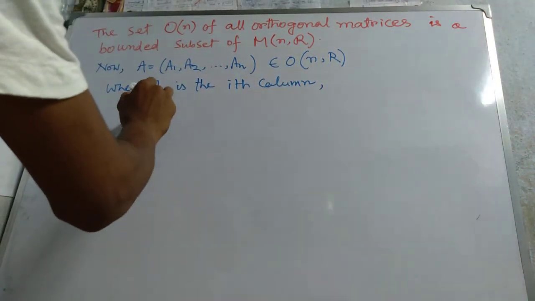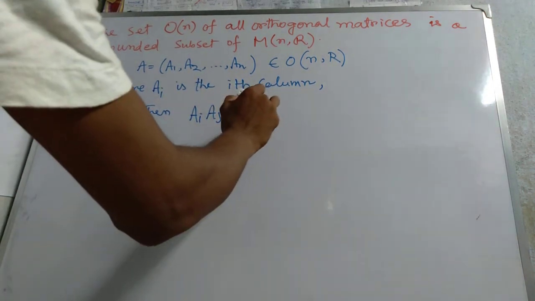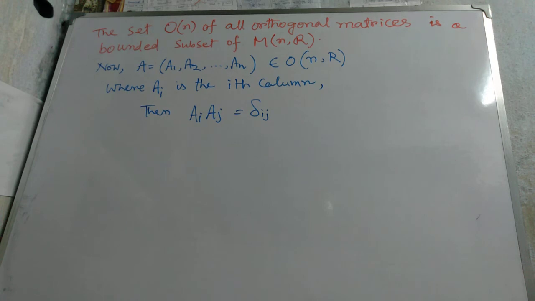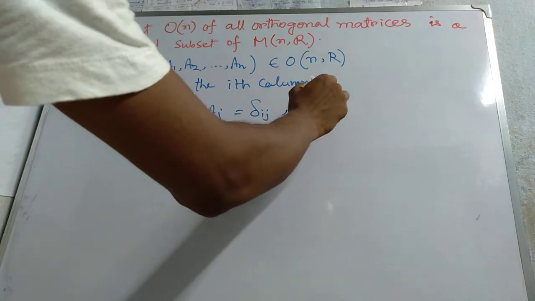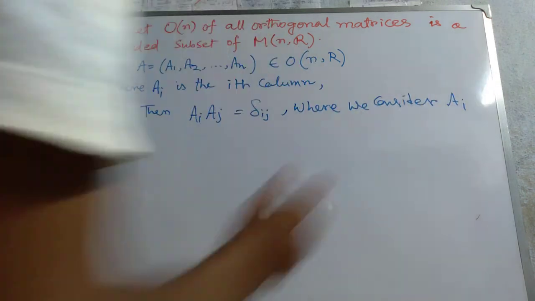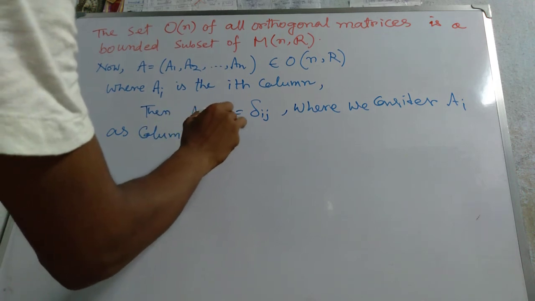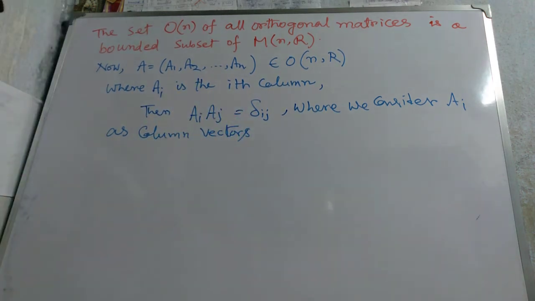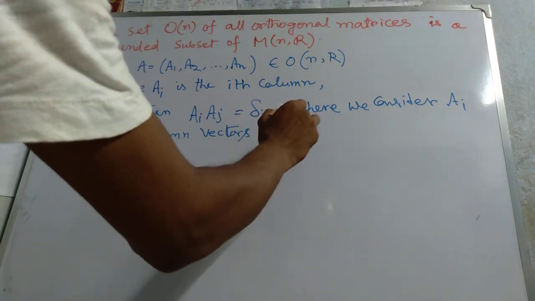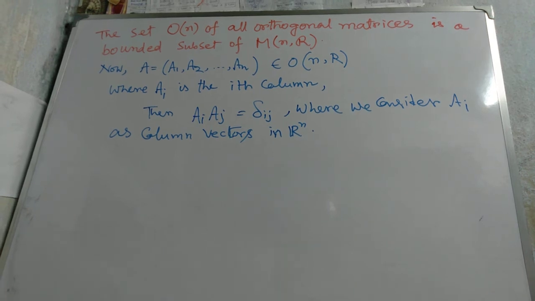Then we consider Ai as column vectors in R^n, where the inner product of Ai and Aj is equal to delta ij.